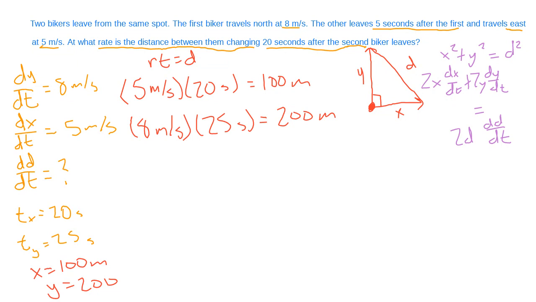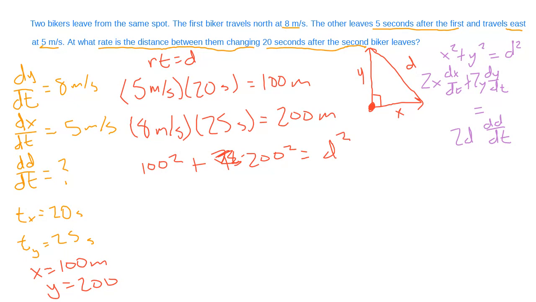Well, we can still work with that, since we can plug this into our original Pythagorean theorem. If we know that our x is 100, and we know that our y is 200, then we can square both of those and add them to give us our d squared.